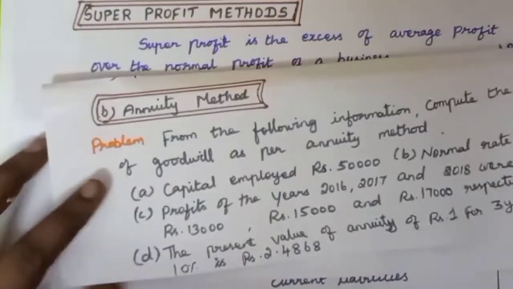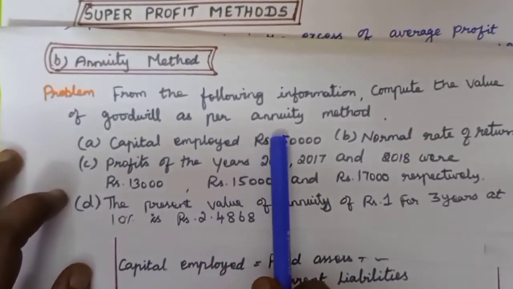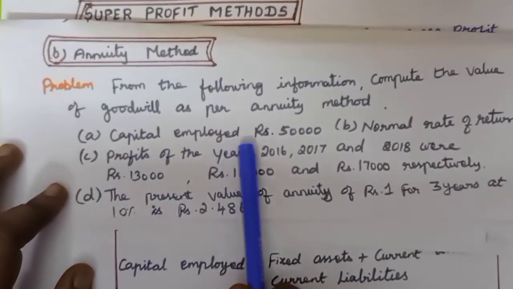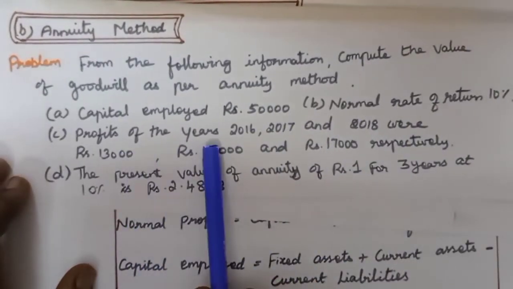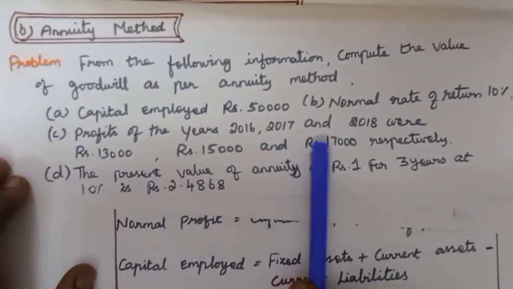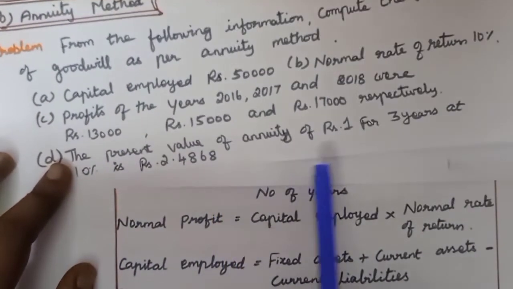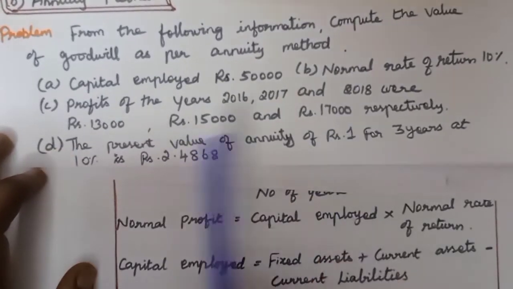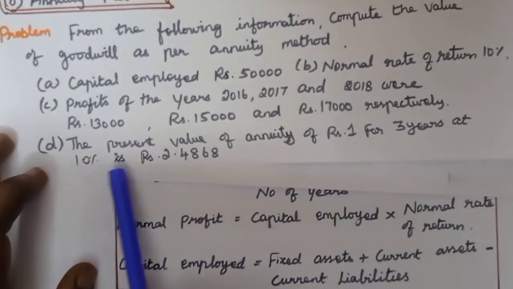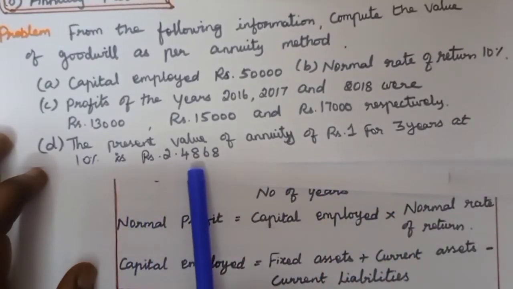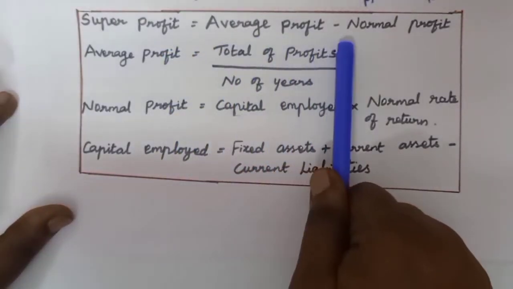Problem. From the following information, compute the value of goodwill as per the annuity method. Capital employed rupees 50,000, normal rate of return 10%. Profits of the years 2016, 2017 and 2018 were 13,000 rupees, 15,000 rupees and 17,000 rupees respectively. The present value of annuity of rupees 1 for 3 years at 10% is 2.4868. Super profit is equal to average profit minus normal profit.